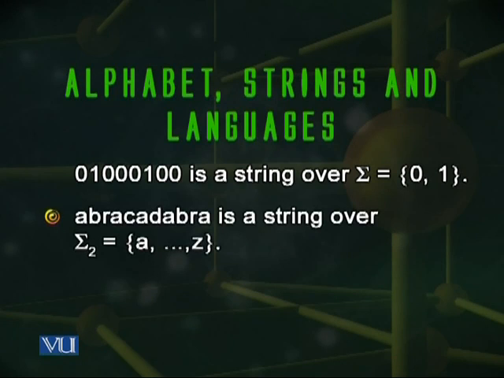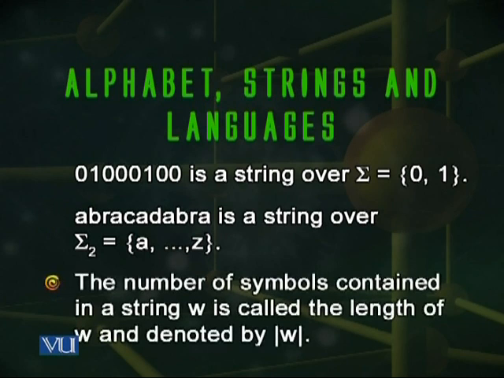Let us look at another string, which is a string over the second alphabet that we saw that consisted of the 26 letters in the English alphabet. This string is AB, RA, CA, DA, BRA. You can read this if you want. It says abracadabra. This is a string over the alphabet sigma 2.